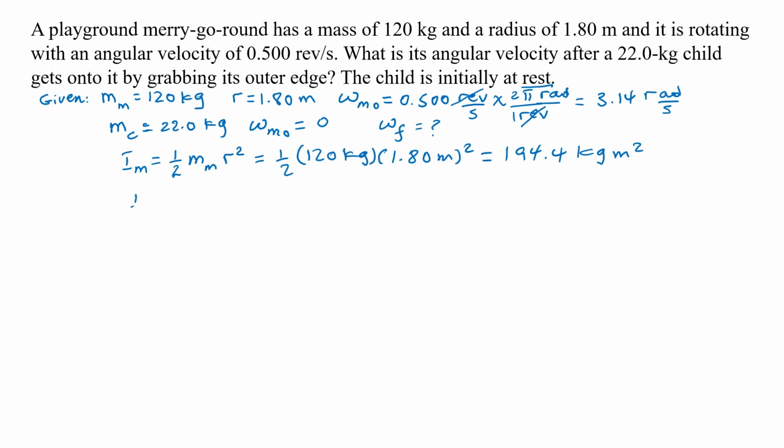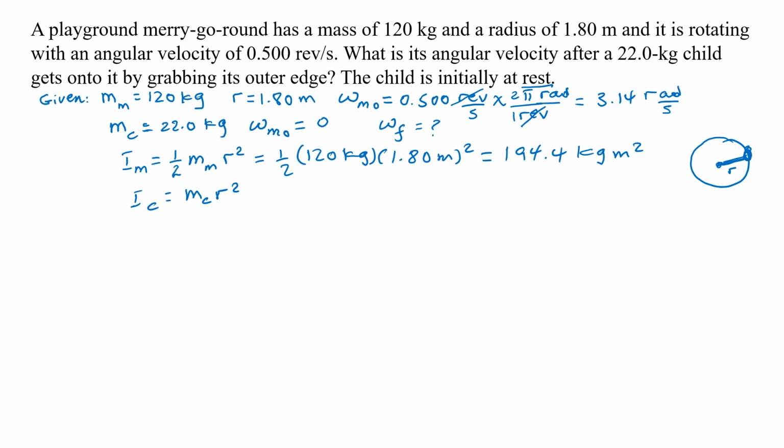And the moment of inertia of the child is mass of the child times r squared, because the child is now like a point mass. If this is a merry-go-round, the moment of inertia of the merry-go-round when the axis of rotation is the center is given by half m r squared. But the child is sitting right here, so the distance from the axis of rotation is r.